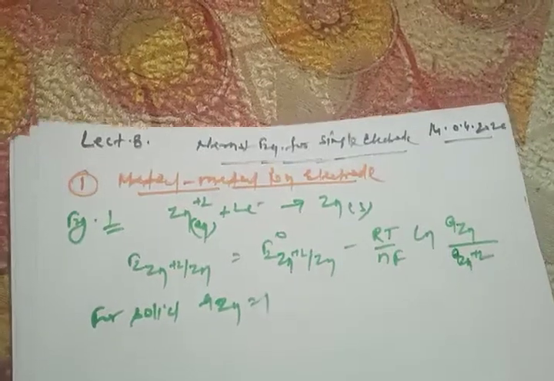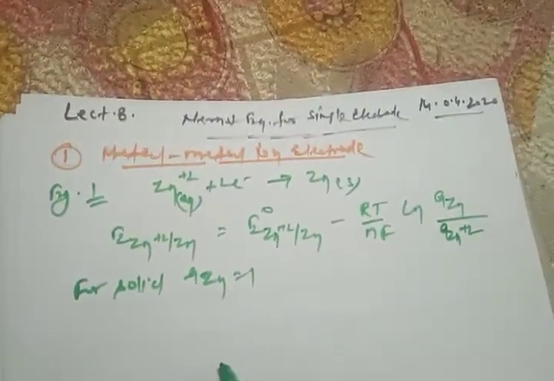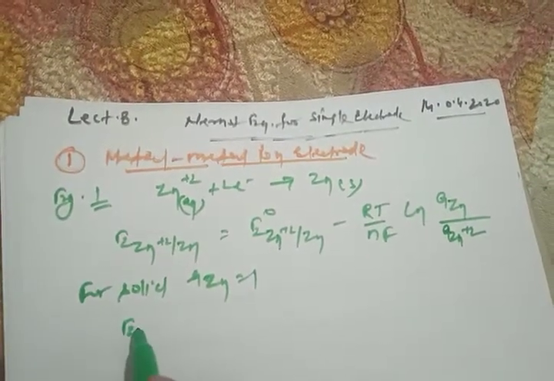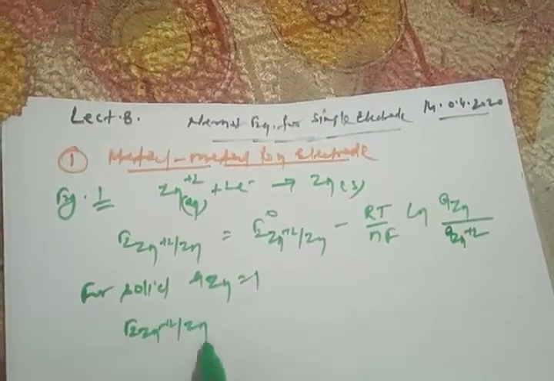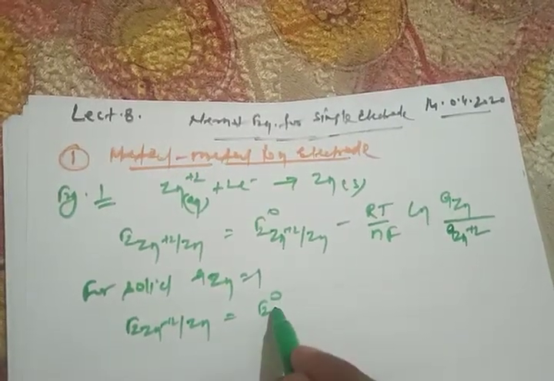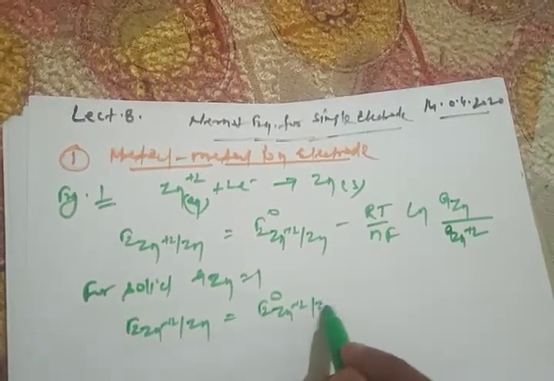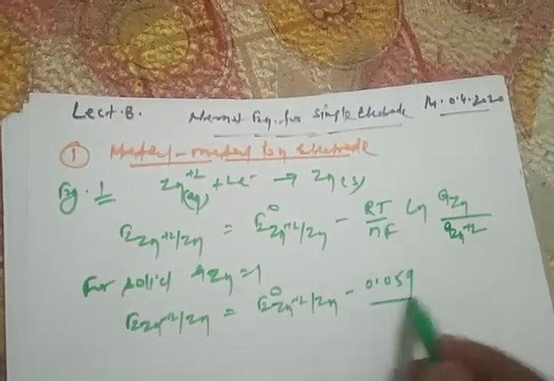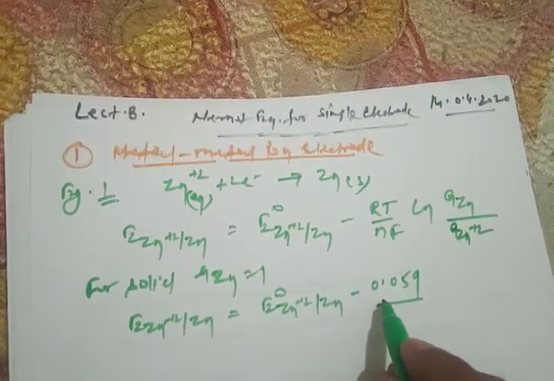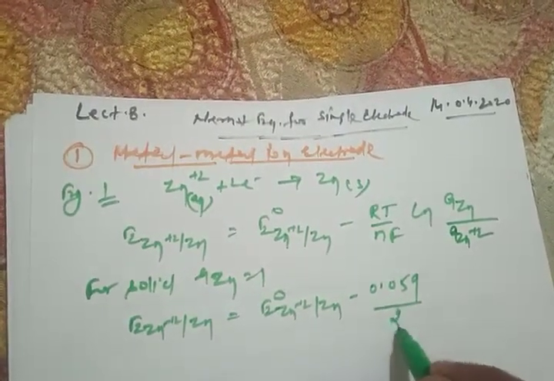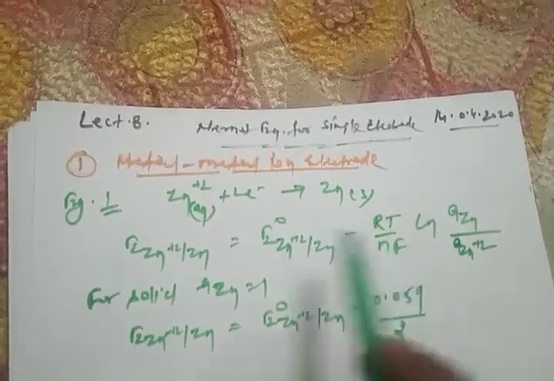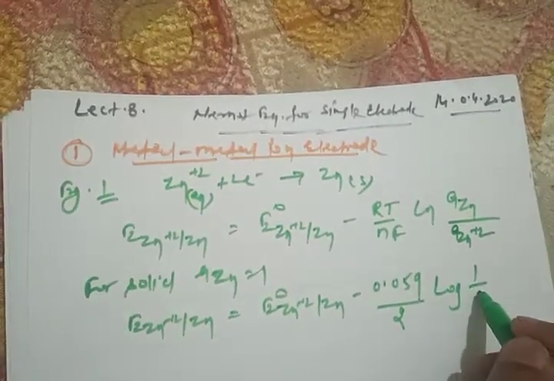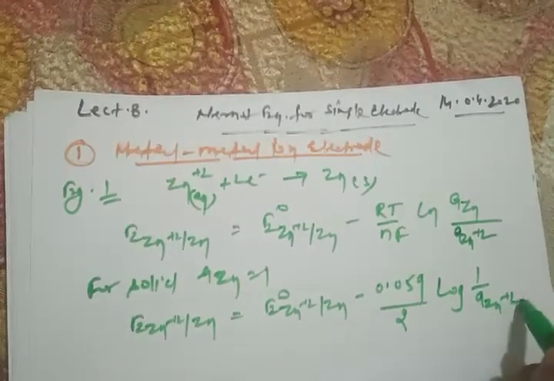So a Zn can be written as 1, and if you put all the values here, the equation will look like E Zn2+/Zn equals E naught Zn2+/Zn minus 0.059 upon n. In this case, n will be 2 because we have 2 electrons, and log 1 upon a Zn2+.